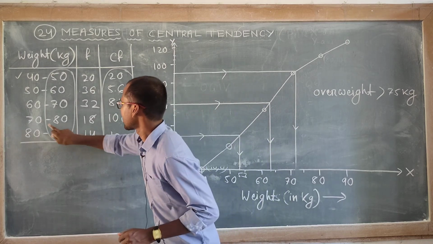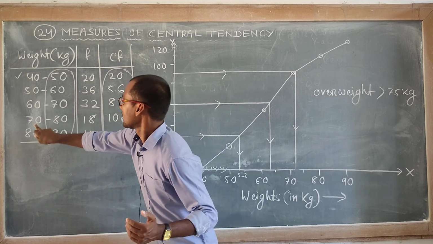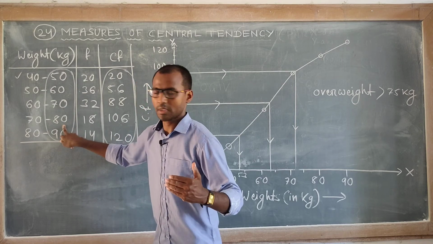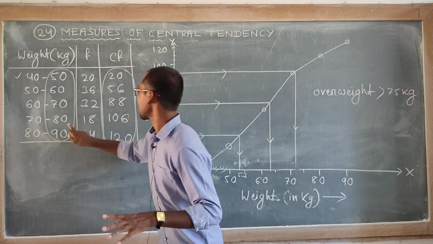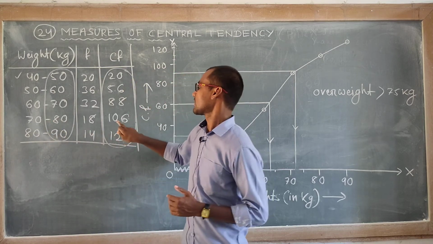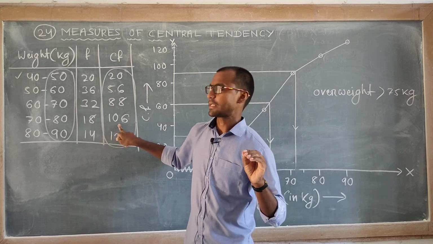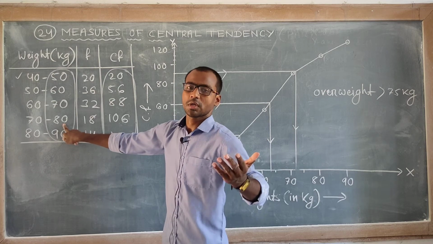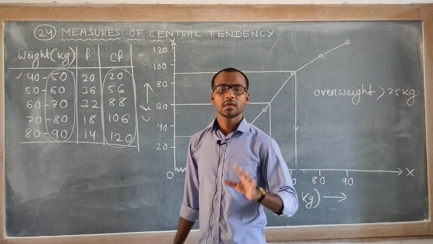Now 70 to 80, 106 means 70 or above 70 but less than 80. Sorry, this 70 to 80, 106 means there are 106 students in the classroom whose weight is below 80 kg. So above 80 kg, how many students will be there? 120 minus 106, which is 14.